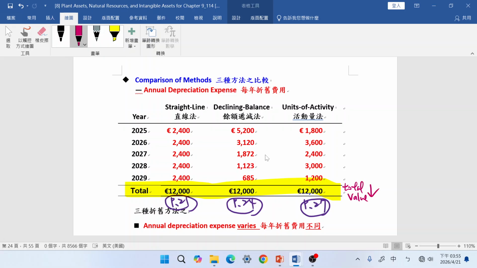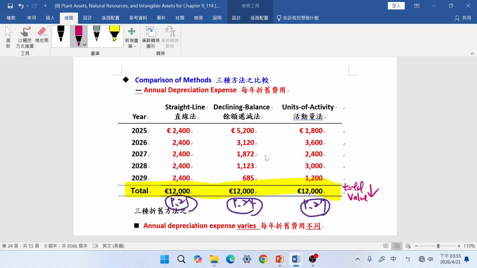Okay, so our point is not the total value decrease of $12,000. Our point is, we know the total value decreased $12,000, and we try to find out the number for each year, right? That's why we use different methods, based on your logic and how you use your PPE.